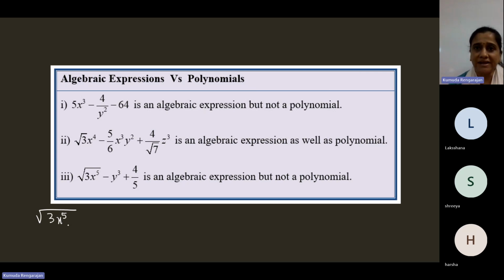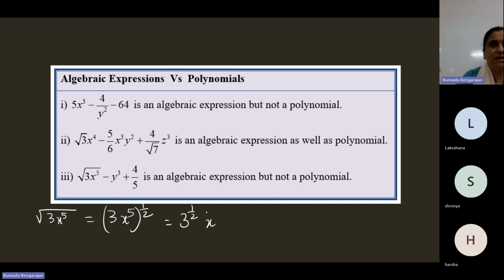In the exponential form, it looks like this, which can be written as 3 to the power 1/2 into x to the power. You'll have to multiply the power to every term in the bracket, right? So 3 to the power 1/2, x to the power 5 into 1/2, which is 5/2. Yes or no? The power 1/2 is applicable to 3 and x to the power 5 inside the bracket.